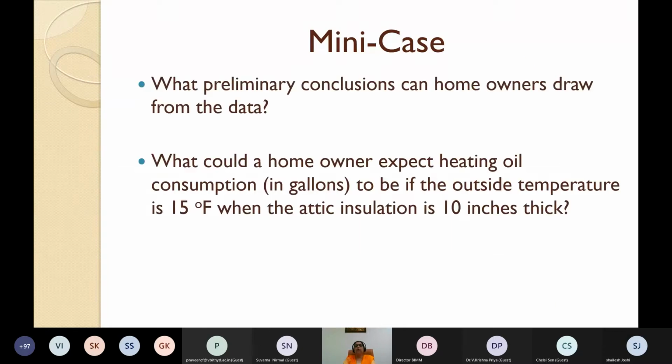So what could a homeowner expect heating oil consumption to be if the outside temperature is 15 degrees Fahrenheit when the attic insulation is 10 inches thick? We will be developing an equation for the regression analysis to identify the amount of consumption of heating oil.